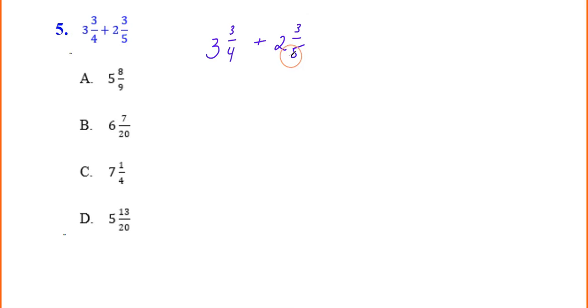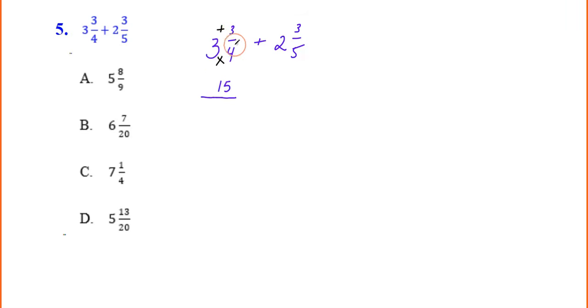So when you add mixed fractions, there's more than one way to do it. What I'm going to do here is change these to improper fractions as follows. I'm going to multiply here and add here as follows. 4 times 3 is 12, plus 3 is 15. I put that on top.